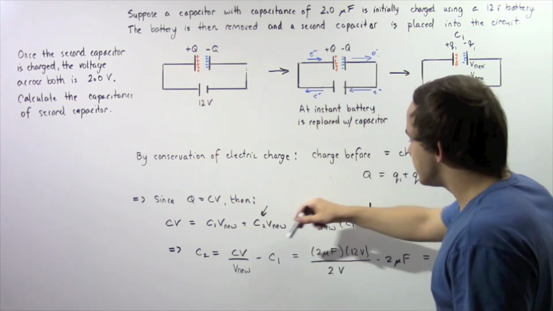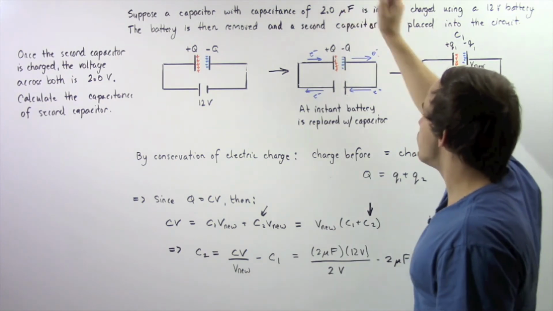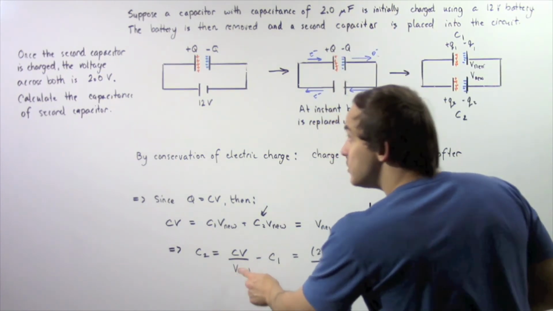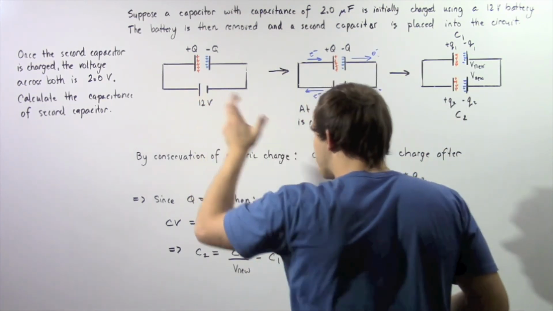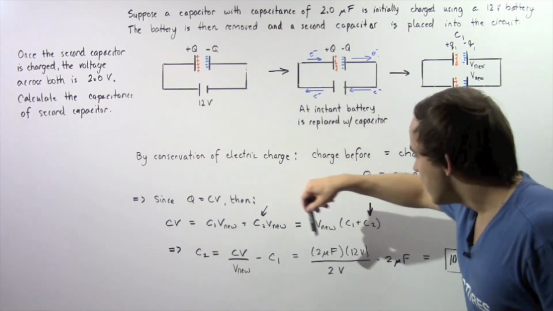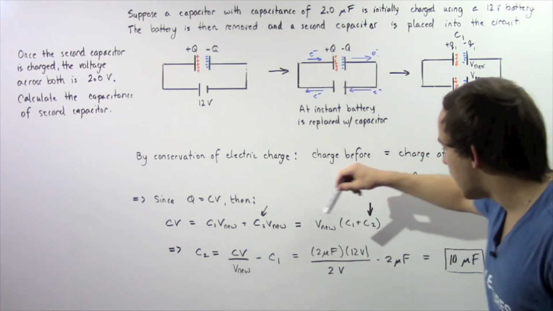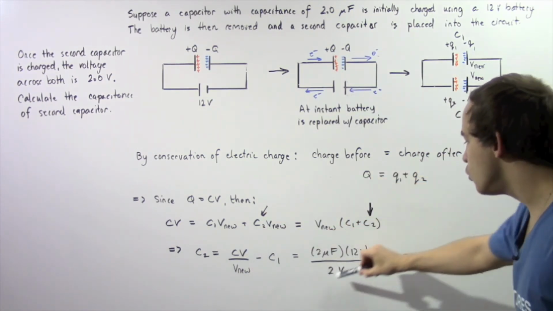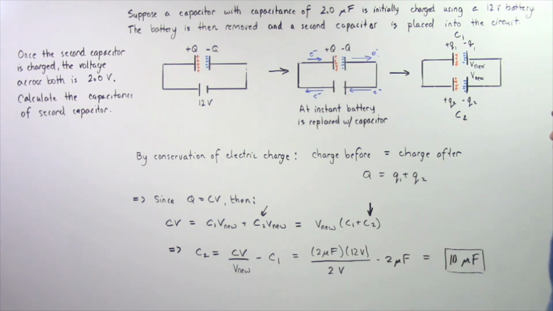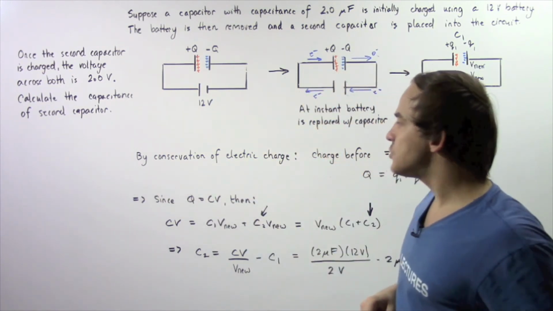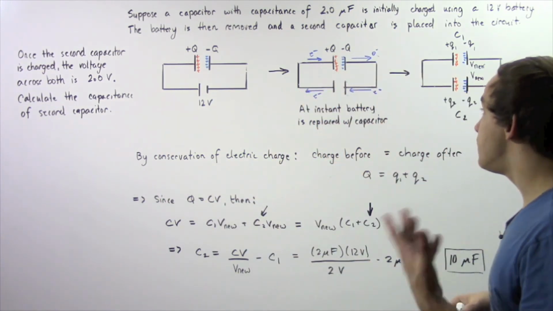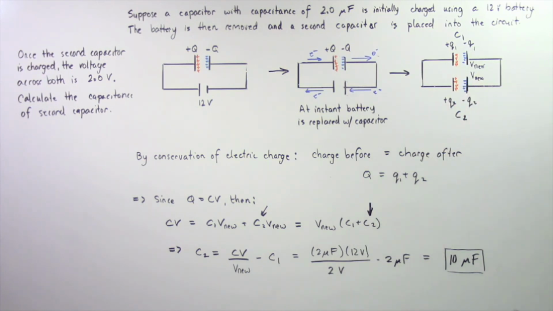So C is equal to C1, which is equal to 2 microfarads. Now V nu is given by 2 volts and V is simply our 12-volt battery. So we see that 2 microfarads multiplied by 12 volts divided by 2 volts, minus 2 microfarads, gives us 12 microfarads. So by using the conservation of electric charge, we saw that the capacitance of the second capacitor is 12 microfarads.